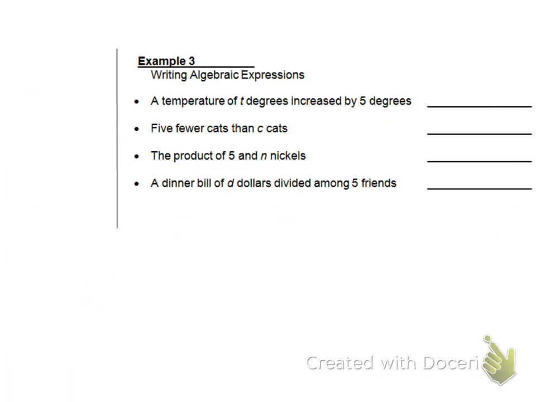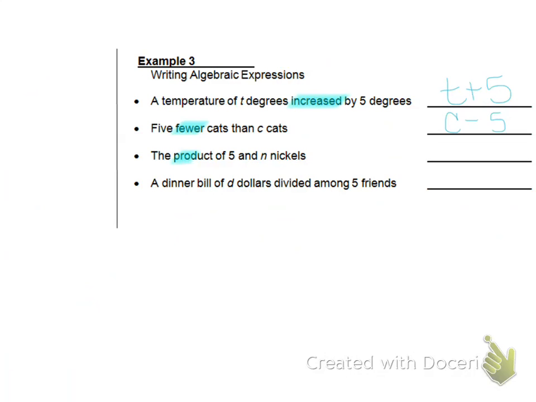So using those terms, we could write our own expression. So for example, a temperature of T degrees increased by 5 degrees. So I see that word increased, which is a clue word for addition, T plus 5. For the next problem, 5 fewer cats than C cats. The word fewer suggests subtraction, so C minus 5.